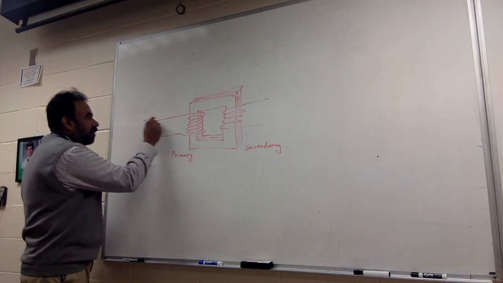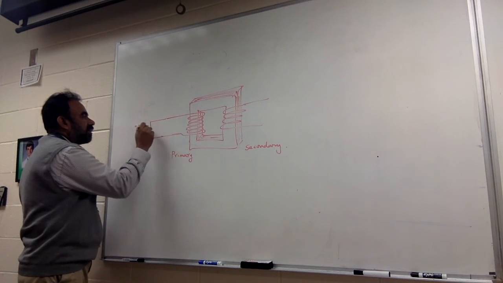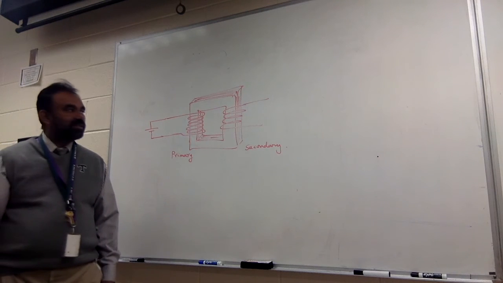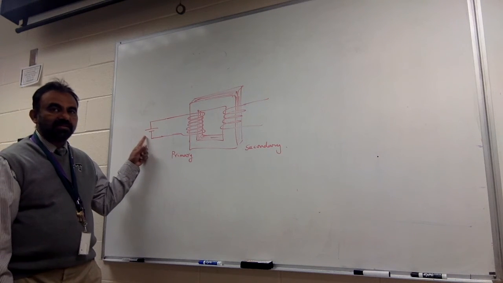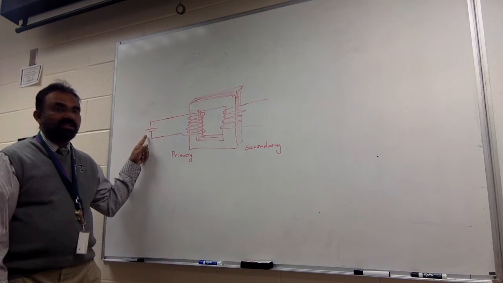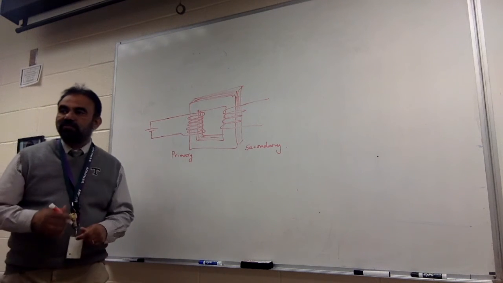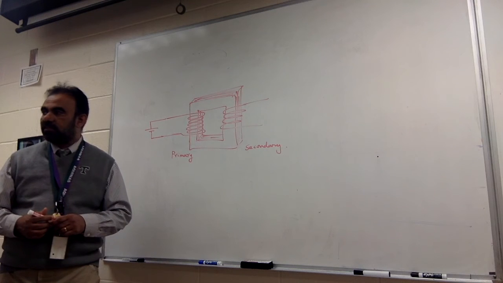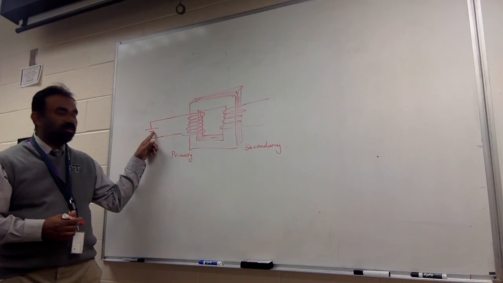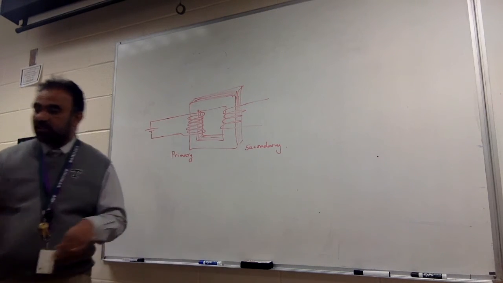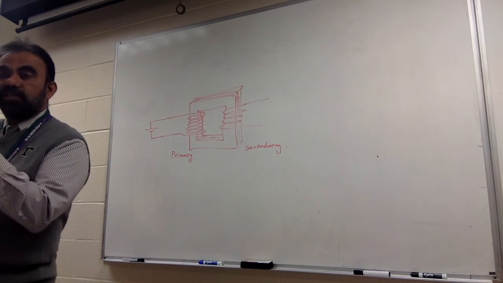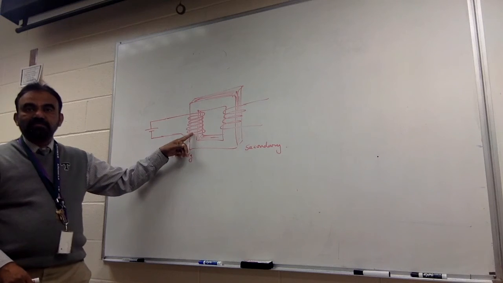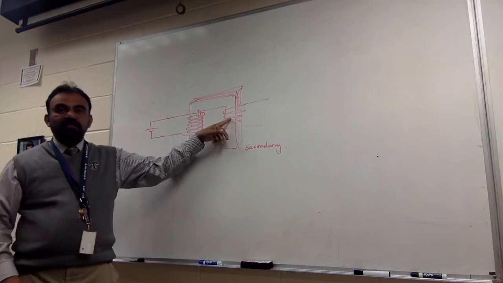So when you connect a DC here, don't draw this right now. When you connect a DC here, what will happen to the core? It will get magnetized, right? The core will get magnetized when you turn this on. So if I take this wire and connect it to a DC, the core will get magnetized. And this magnetic field will go here.